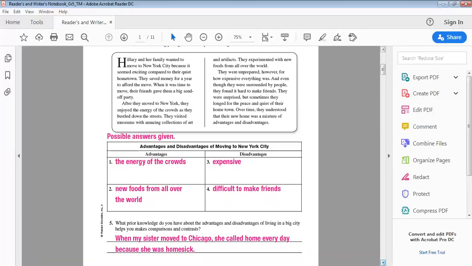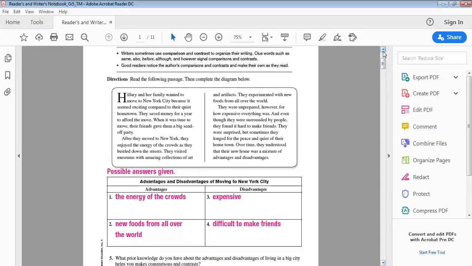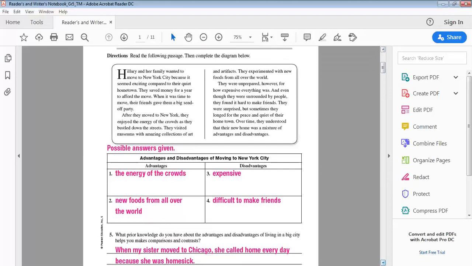Now, the last question says, what prior knowledge do you have about the advantages and disadvantages of living in a big city? This helps you make comparison and contrast. Let me go back to this statement which says, when my sister moved to Chicago, she called home every day because she was homesick.